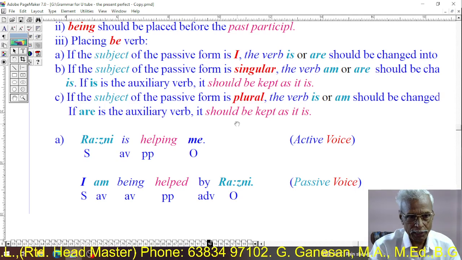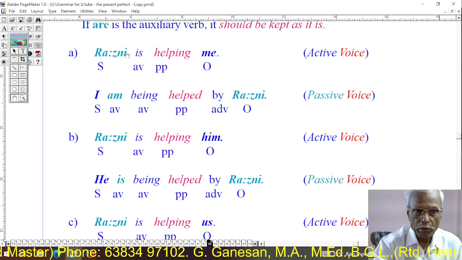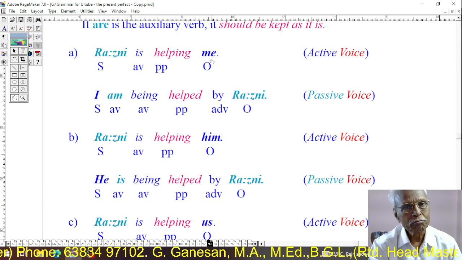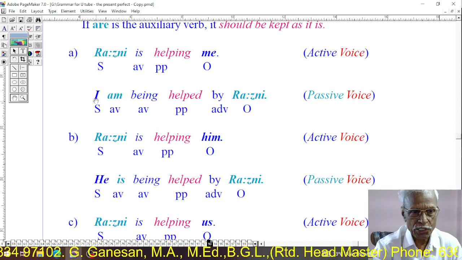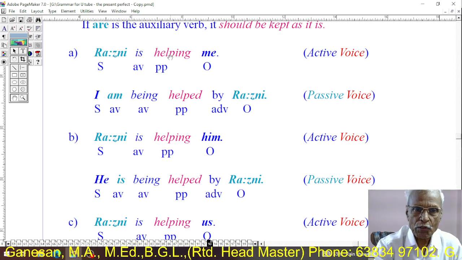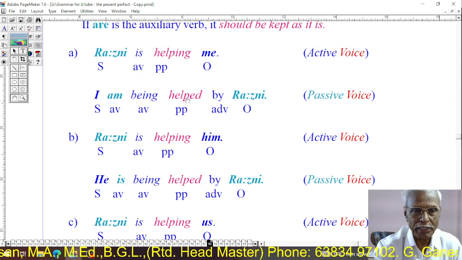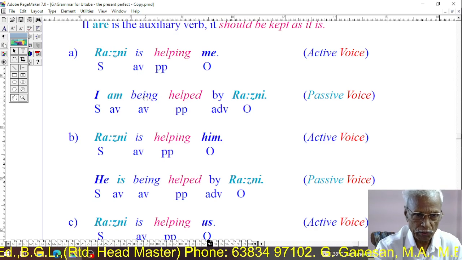Okay? Now let us see the examples. Present. Ronnie is helping me. Now, me is changed into the subject I. Then Ronnie becomes by Ronnie. Helping, the present participle, is changed into the past participle helped. And being is placed before the past participle.